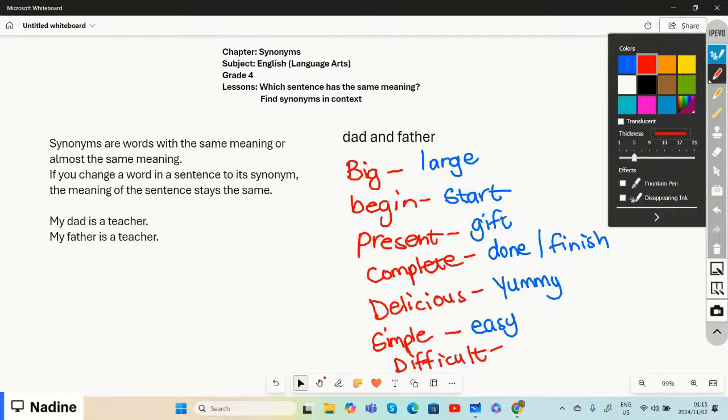Yes, and if we were to select the word that's the same as difficult, then we can say there were a few questions that were quite hard.